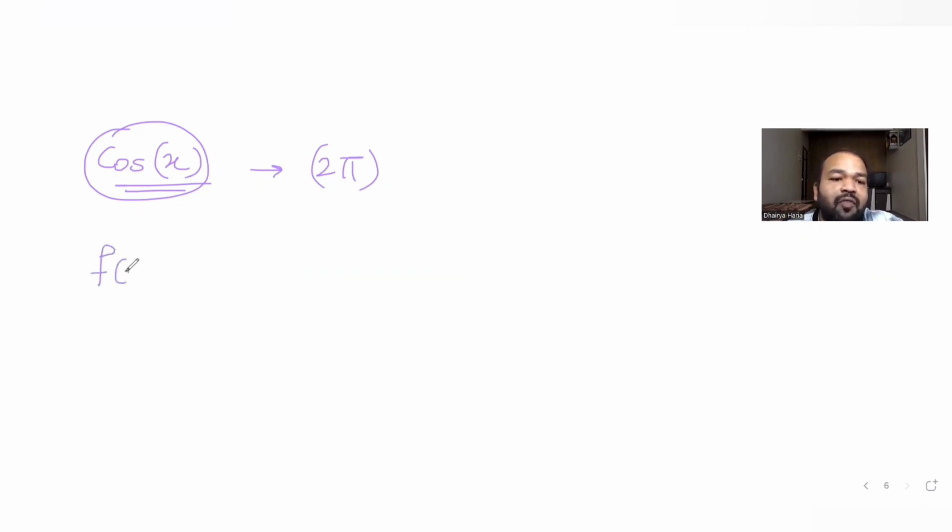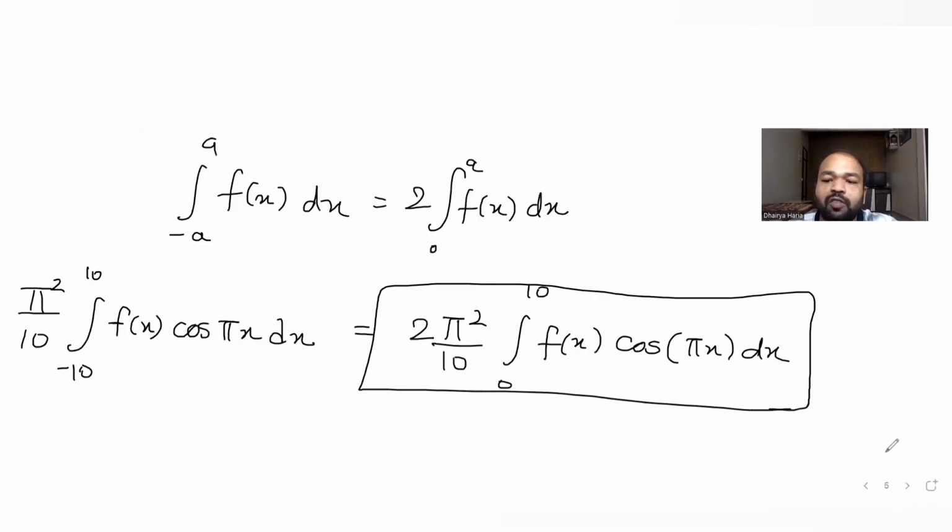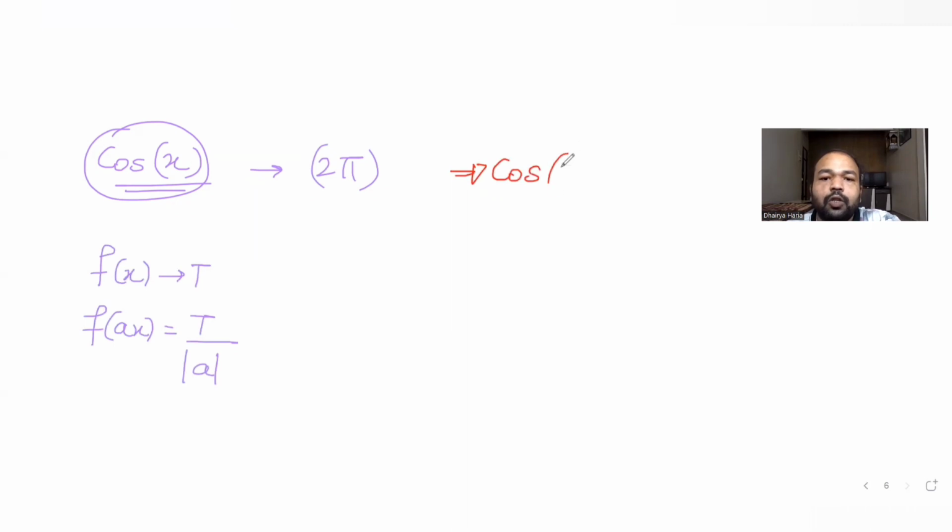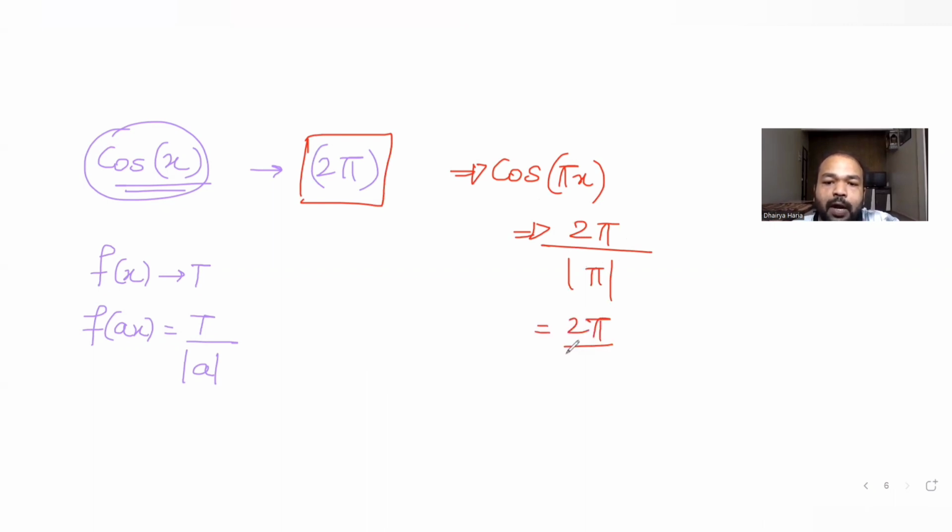If I have f of x with a time period t, then f of ax follows the time period t upon mod of a. So if I want to find the time period for cos of pi x, it will follow the time period of cos x divided by mod of pi, that is 2 pi by pi, which is 2.